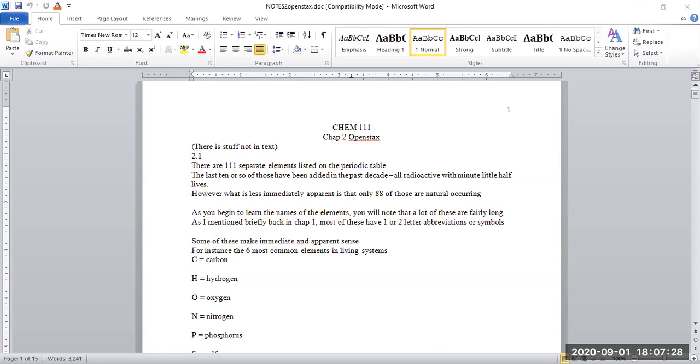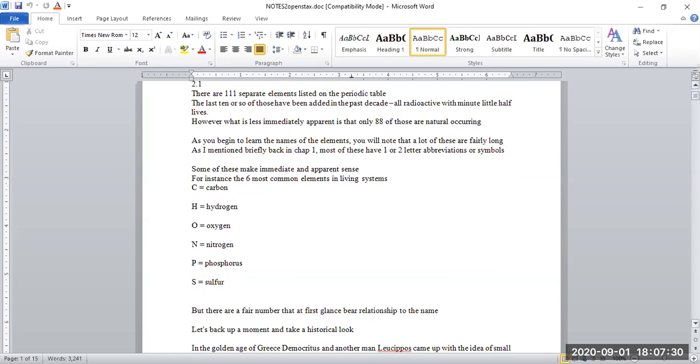Talk about some of the most common ones for a moment here. When I went through this a long time ago, if you look down the letters on the left-hand side there, it almost looks like it spells the word CHOMPS. And that's the brain trick for remembering the 6 most common elements in living systems.